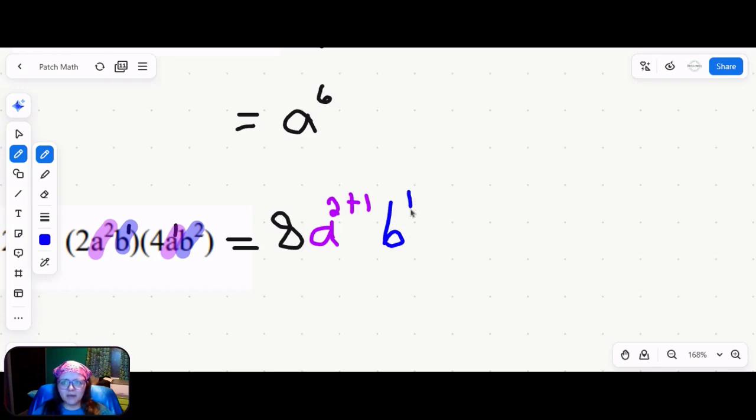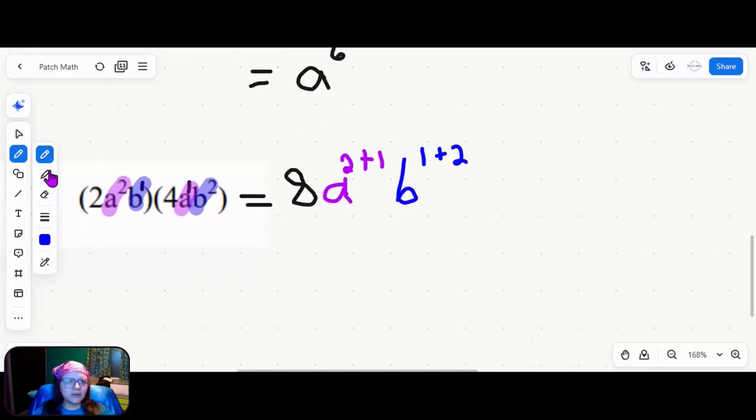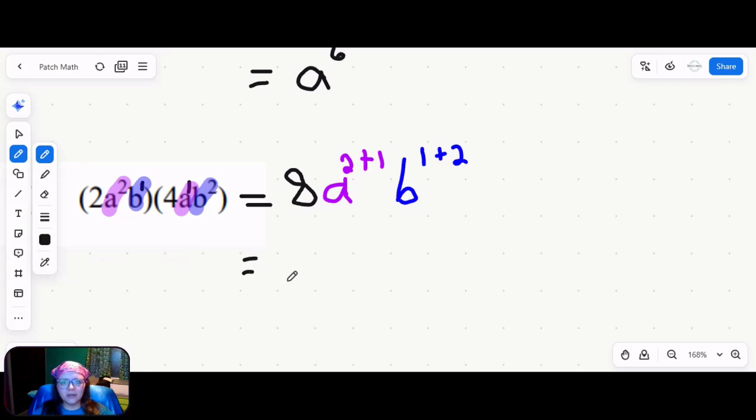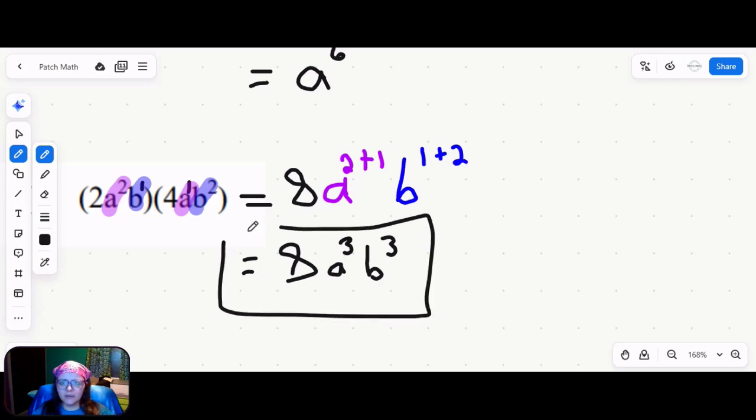You'll see that we have b to the power of 1 times b to the power of 2. So that is 1 plus 2. Simplifying that on down, we have 8 times a to the 2 plus 1 is 3 power, and b to the 1 plus 2 is 3 power. And that is our final answer here.